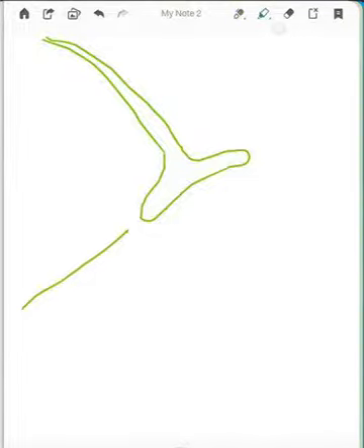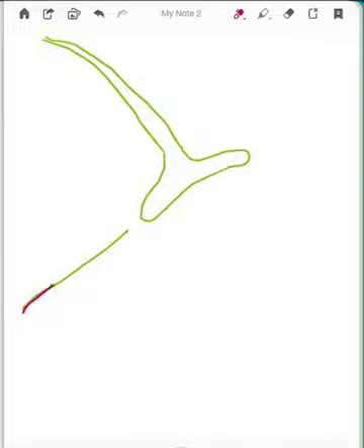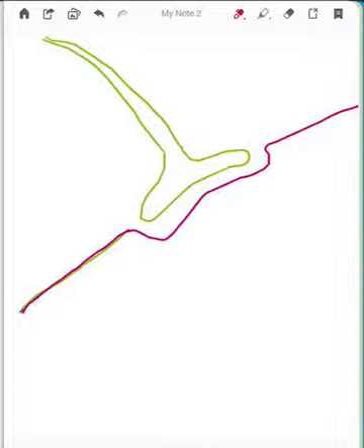Maybe I should make that a different color so we know what we're looking at here. So here's the muscle, and here is the junction.